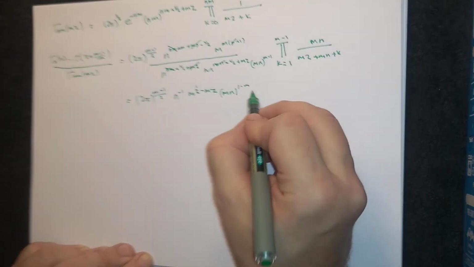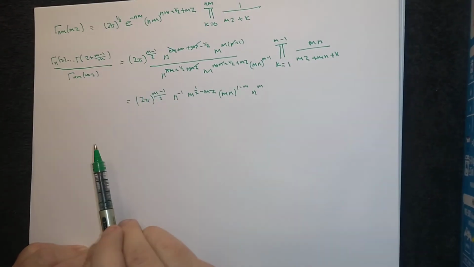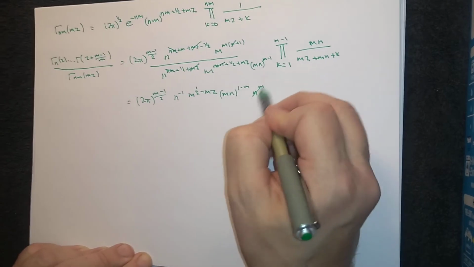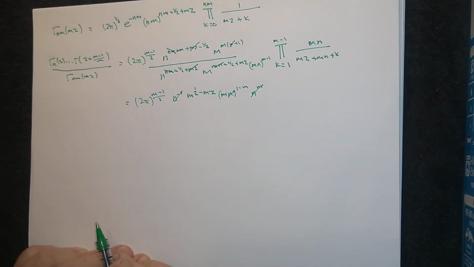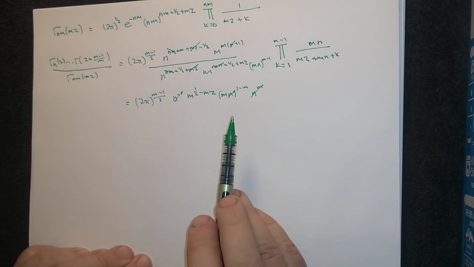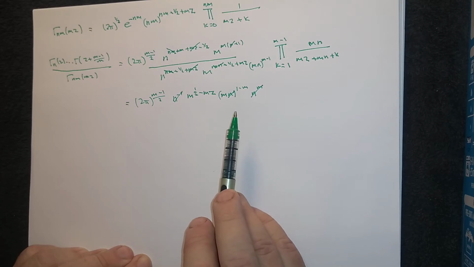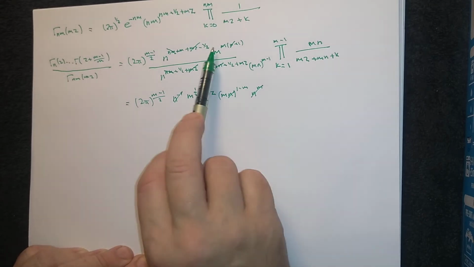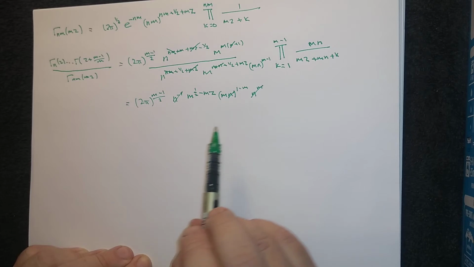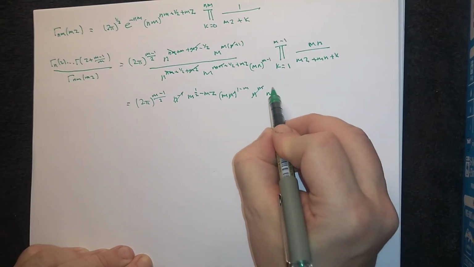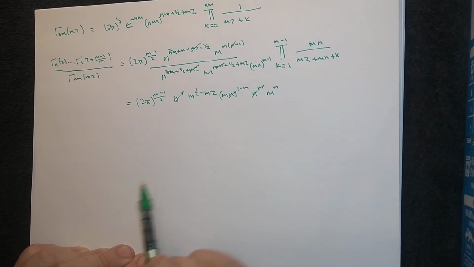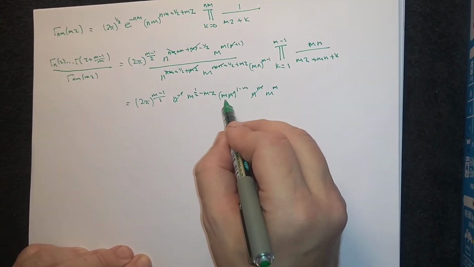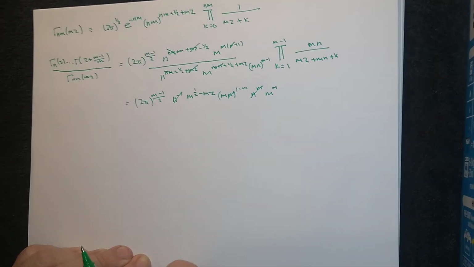I've got an n to the m there as well, so actually that, and that all cancel. What else? Oh, that's an m to the m in there as well, which I haven't accounted for, so that just gives me an extra m.